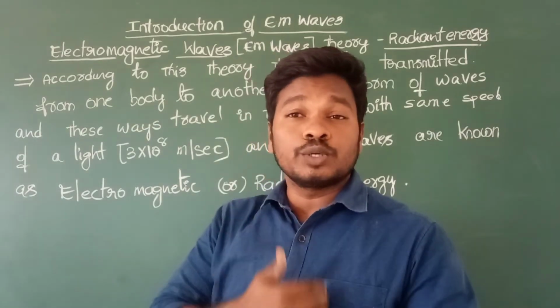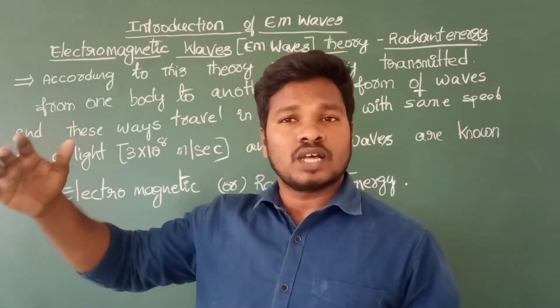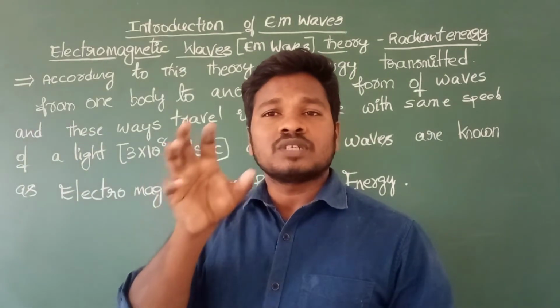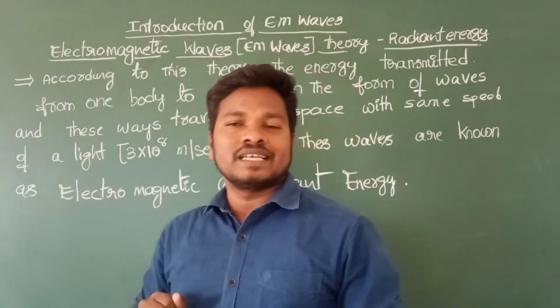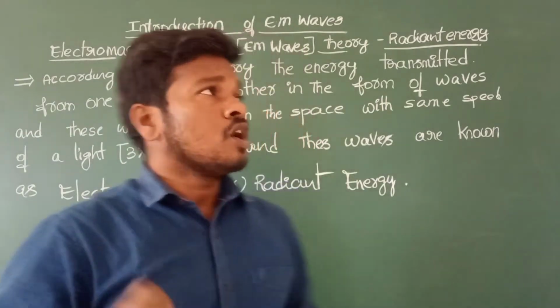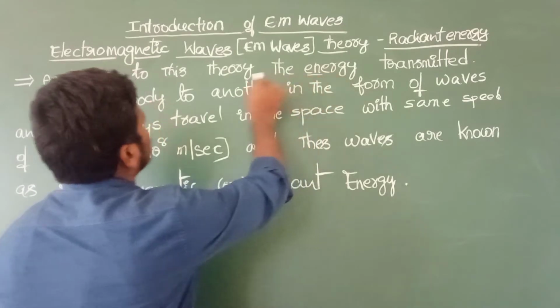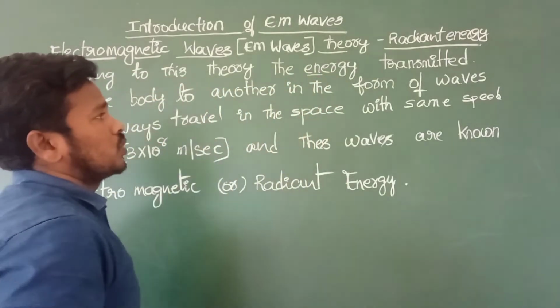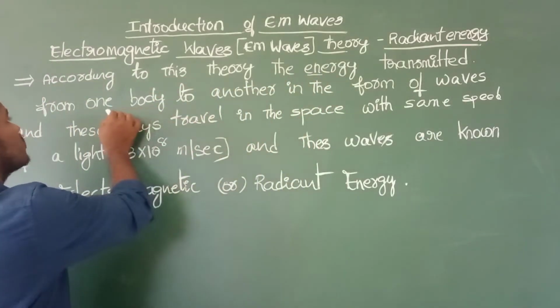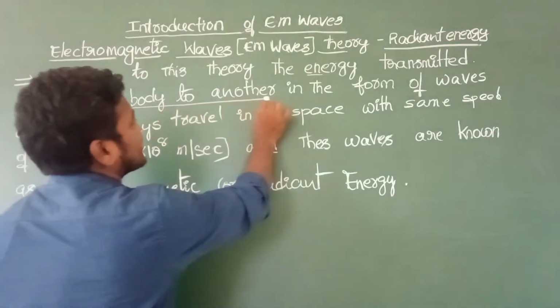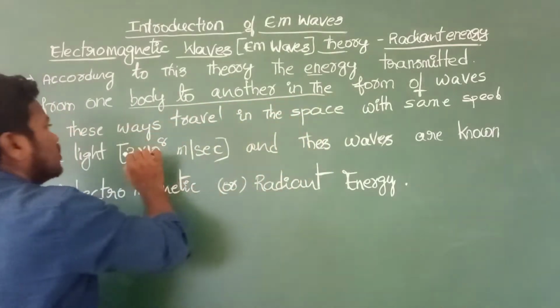Before going to the different terms, we have some introduction to electromagnetic waves. What is meant by electromagnetic waves? According to the electromagnetic wave theory, energy is transmitted from one body to another body in the form of waves.